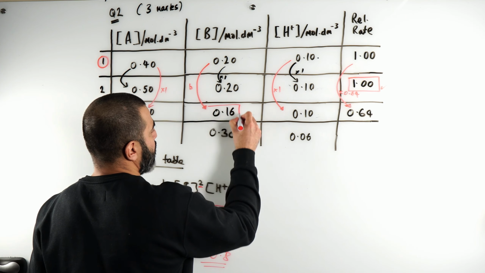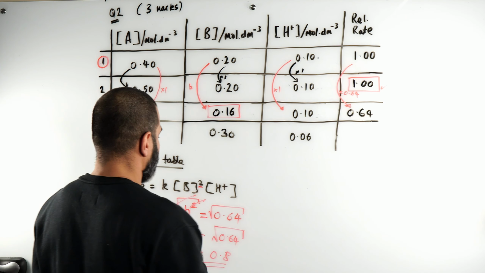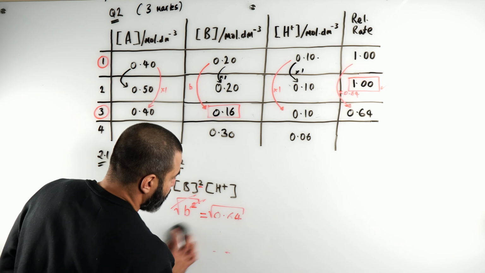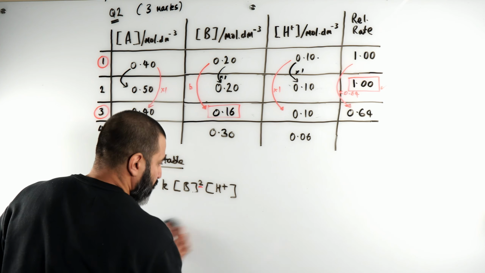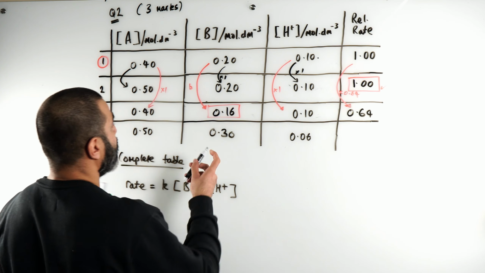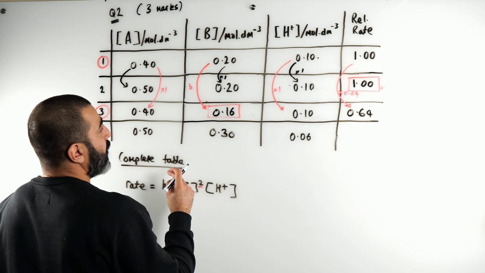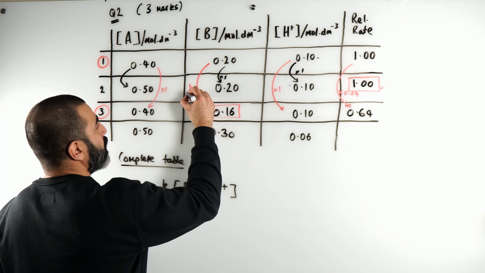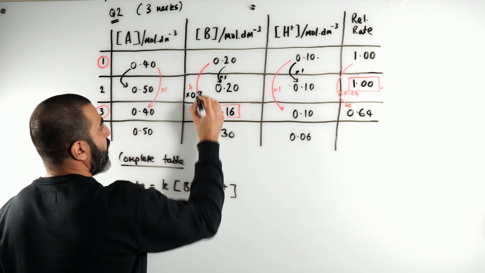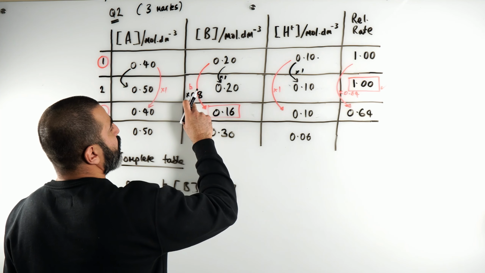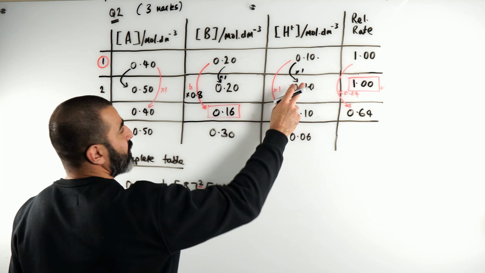And actually, let's just double check that, okay? So let's just double check because we want the marks. So going from 0.2 to 0.16, that is times 0.8. So if we square 0.8, that should give us the change.